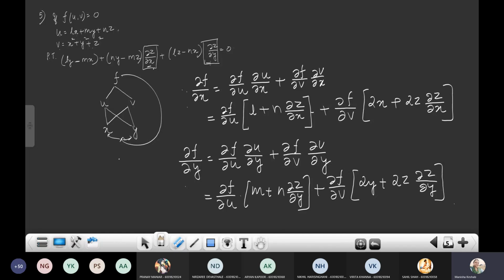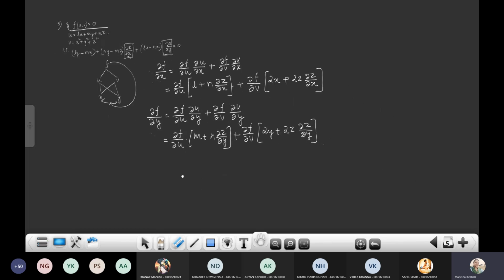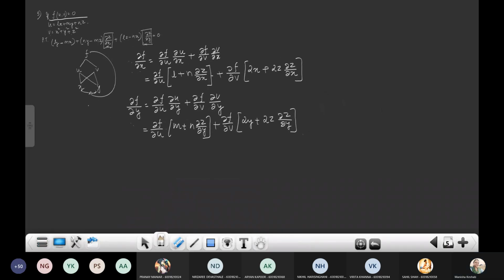अब हम क्वेश्चन देखेंगे. सबसे पहले क्वेश्चन में क्या है? That f is equal to 0. If f is equal to 0, that means del f del x and del f del y will be equal to 0. So now let us use the first information that we have. So now f is equal to 0. So if f is equal to 0, this implies del f del x is equal to 0 and del f del y is equal to 0. What does it mean?